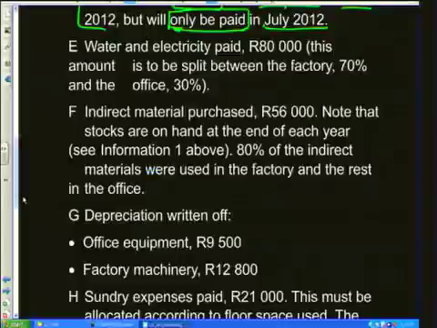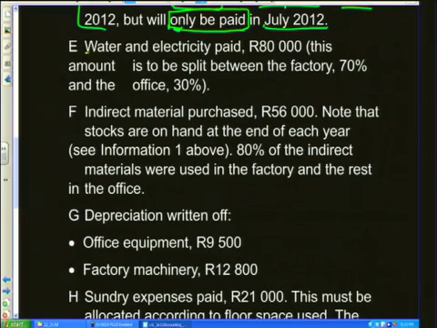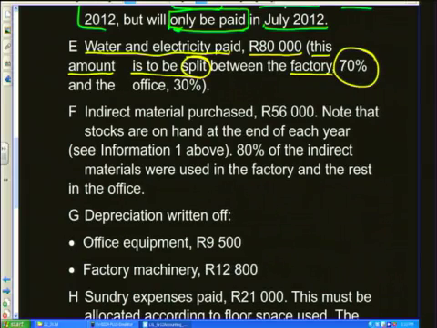Our next transaction says water and electricity paid was 80,000 rand. And now here they're telling us this amount is to be split between the factory, 70%, and the office, 30%.